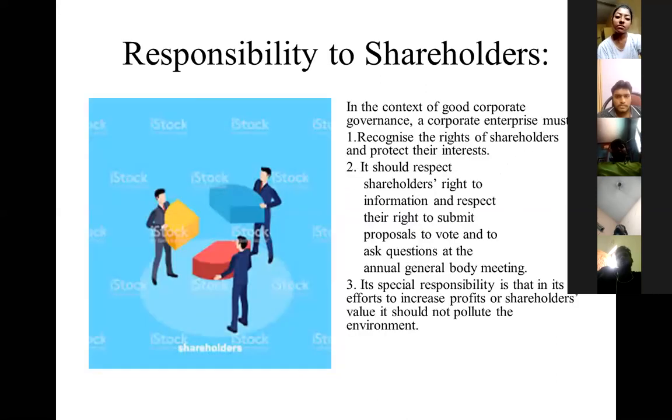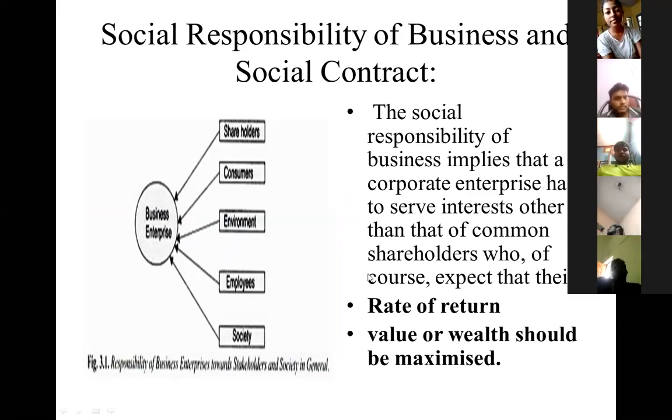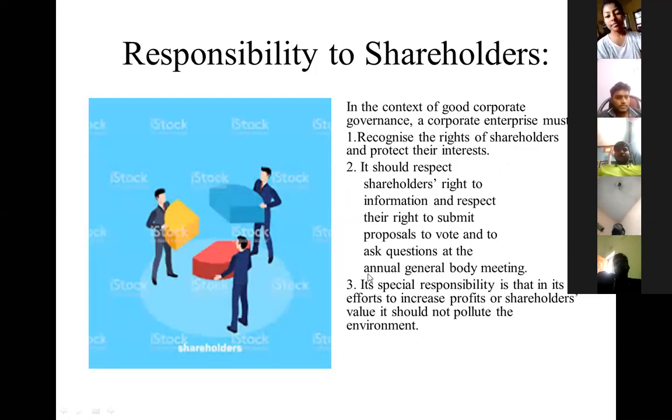Next we have responsibility to shareholders. Can you see this diagram? You have business enterprises, the businesses doing operations, and in what way they are responsible to shareholders, consumers, environment, employees, and societies. So the first one is shareholders. A shareholder is one who holds a share of a particular company.